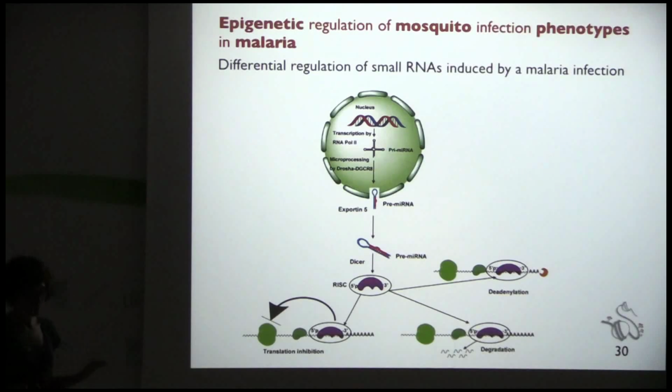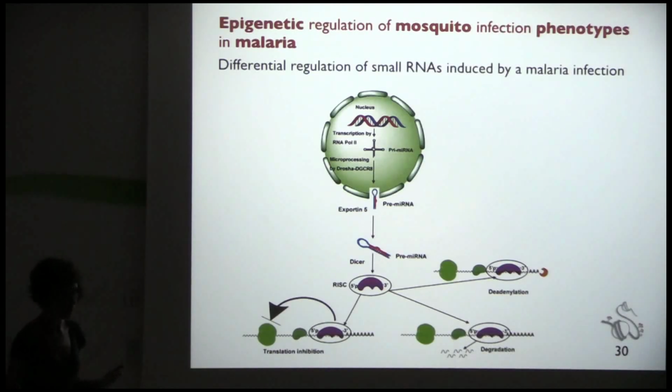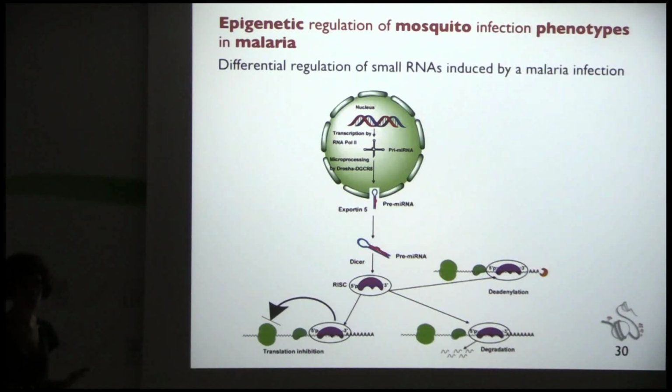Then, apart from histone modifications, small non-coding RNAs can also participate in the regulation of transcription. In particular, in the mosquito, microRNAs play an important role. If you don't know much about it, these microRNAs are produced in the nucleus. They are processed in the cytoplasm, where they are bound by a protein complex called RISC.